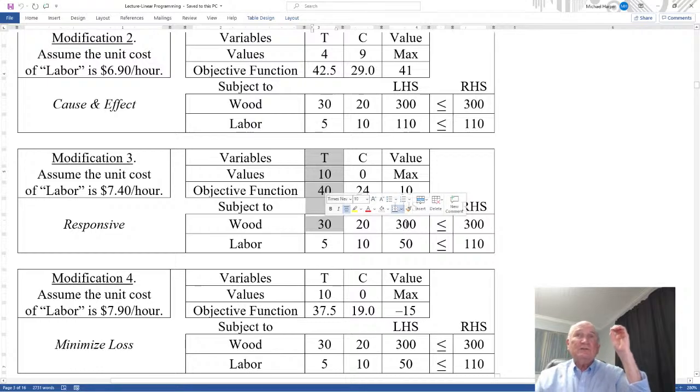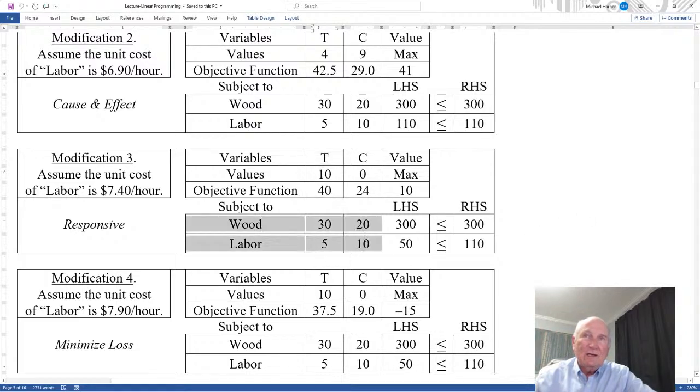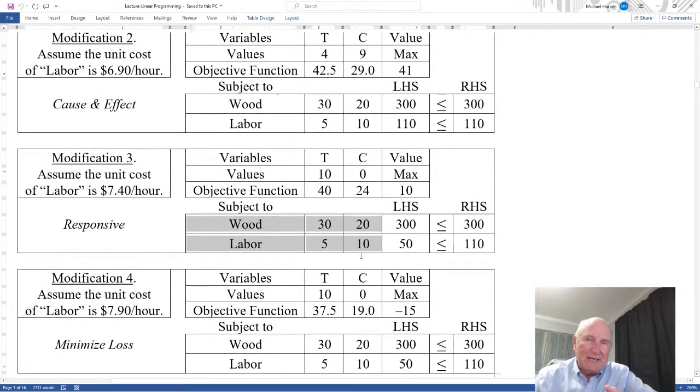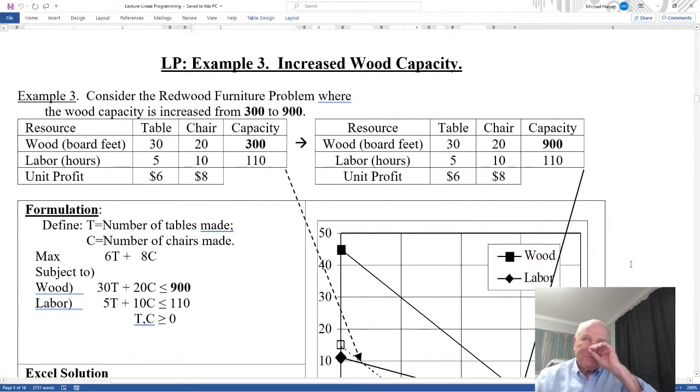If the wood cost goes up, the tables will go down and the chair productivity will go up. And so these will also tell you which are wood intensive and labor intensive for tables and chairs. This is a really simple example, but the way you do it is change a resource and see what happens with a relative difference. And that's where sensitivity analysis comes in. We'll get into that, not this week.